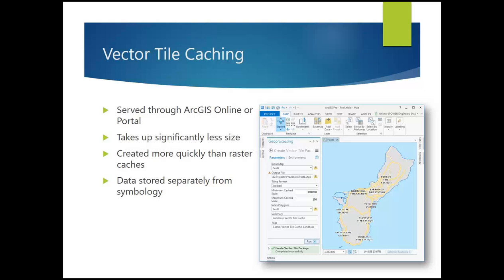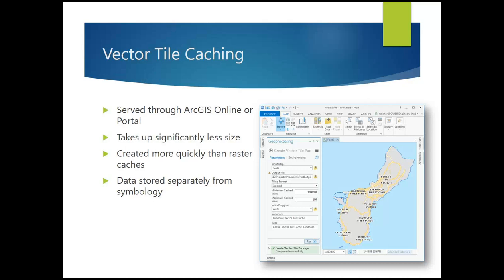Whereas raster caches are somewhat measured in gigabytes of storage and days of processing, vector tile caches are more measured in megabytes and hours now. Because of this, it is usually feasible to go down to much more detailed scales using a vector cache. The other great part of caching with vector tiles is that data is stored separately from symbology.